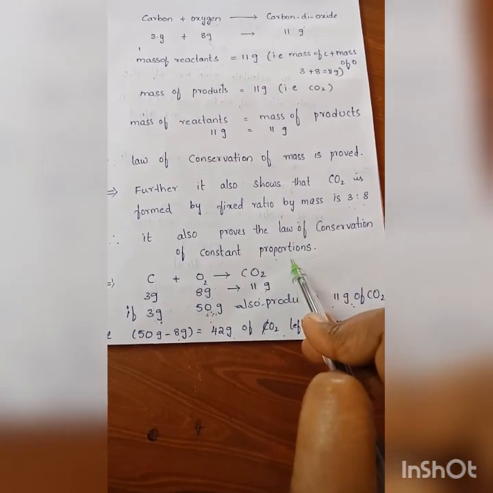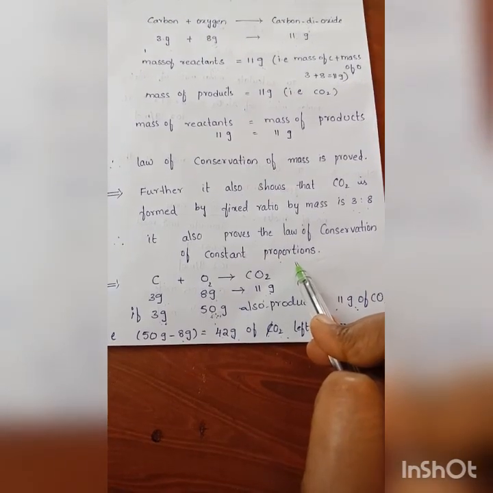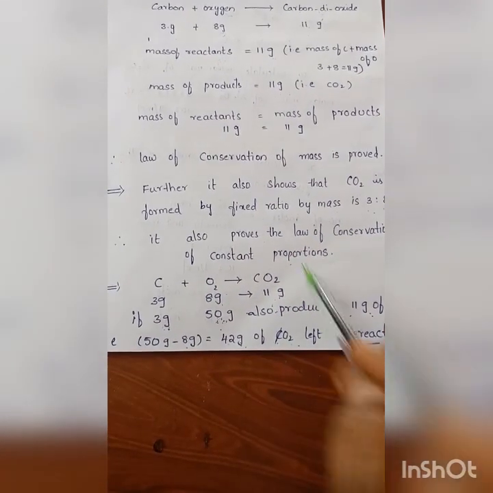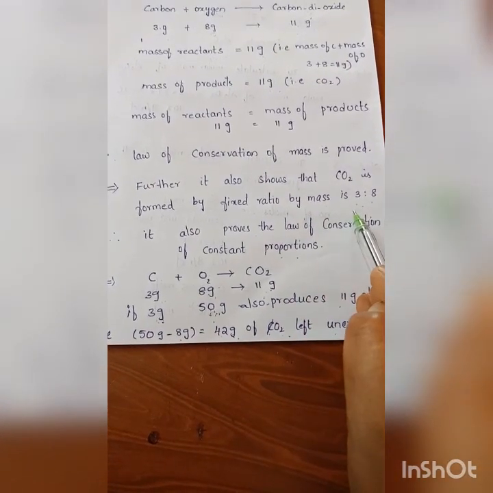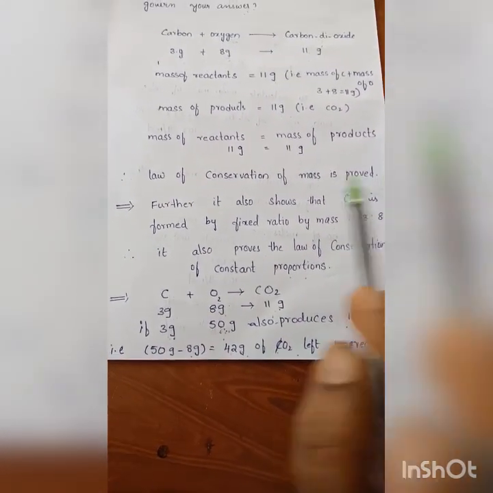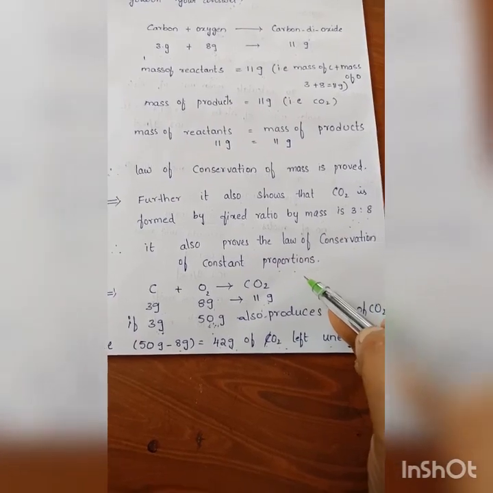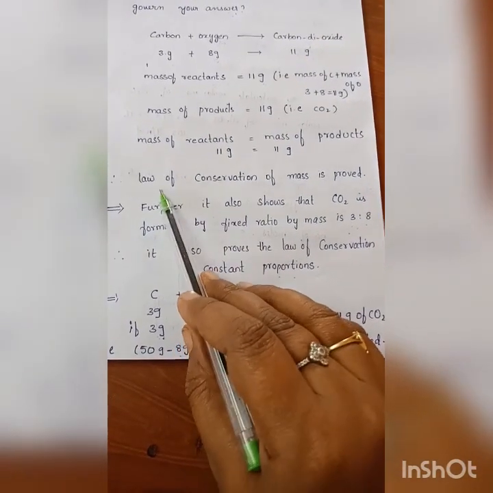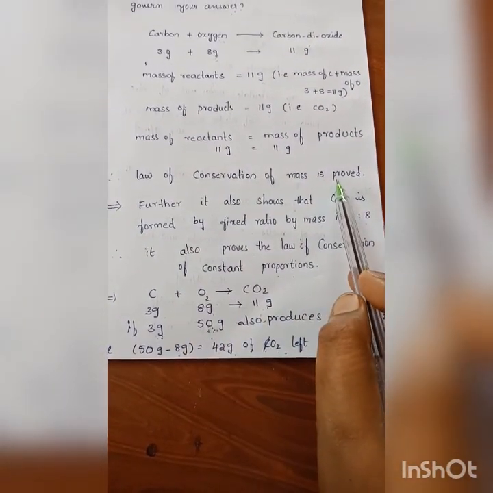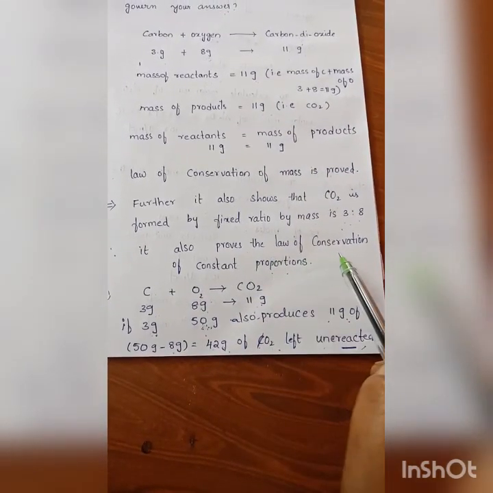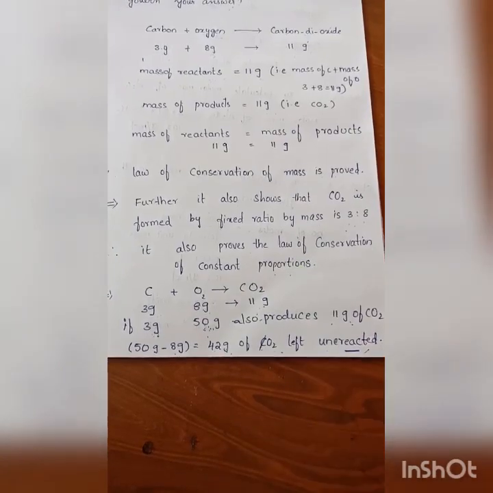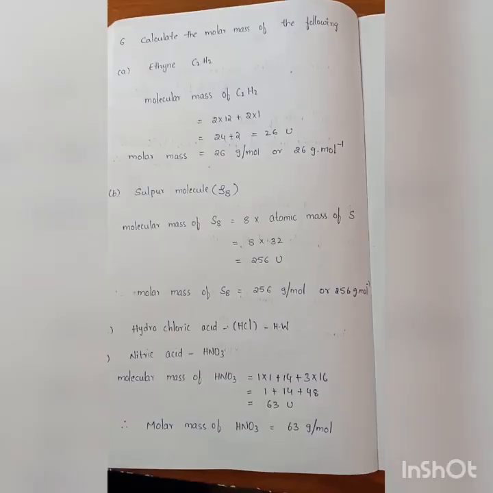Why? The reaction is taking place in a fixed ratio by mass, that is 3:8. Therefore, here 2 laws are governing. First one is the law of conservation of mass, and second one is the law of constant proportions.